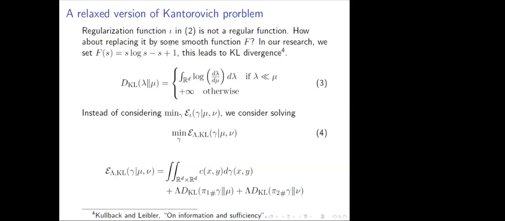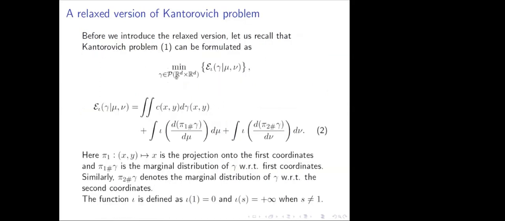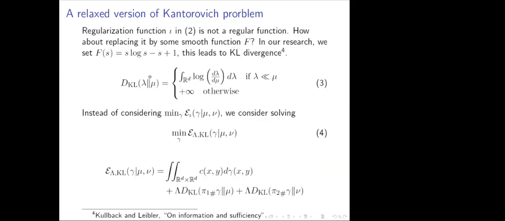If we replace the iota function by this F, the previous regularization terms will reduce to the KL divergence term. As a result, we are going to minimize this relaxed functional. We call it epsilon lambda KL. KL stands for the KL divergence, and lambda stands for the coefficient ahead of this KL divergence.